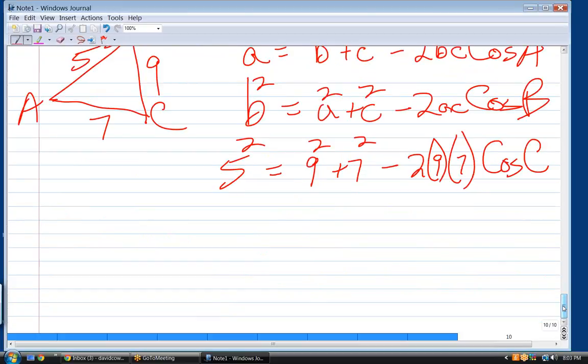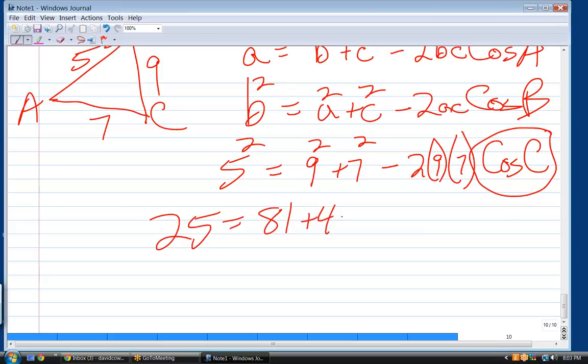Now notice there's one variable in that equation. So we have to isolate cosine of C. So what do we have? We have 25 equals 81 plus 49 minus 126 cosine of C.